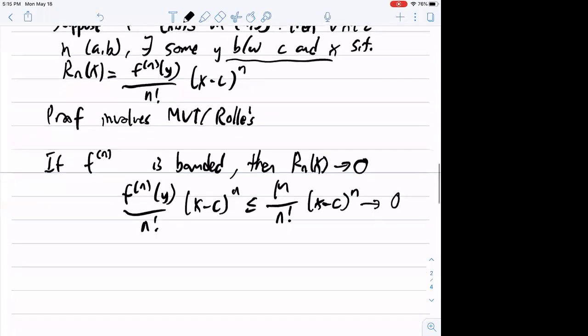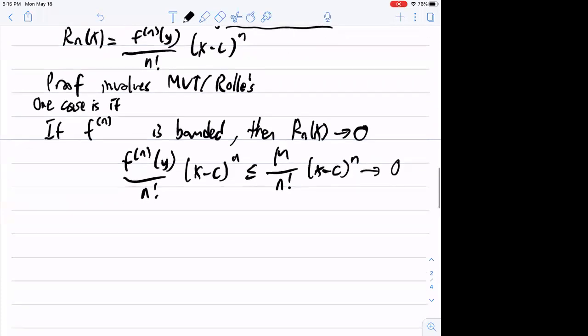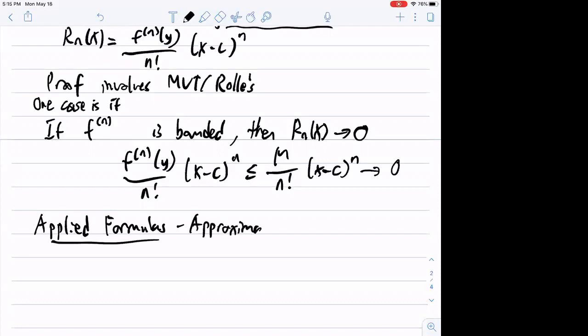Okay, so let me continue. They sort of sidetrack, I guess not really sidetracking, but they go over some applied formulas for approximating roots.